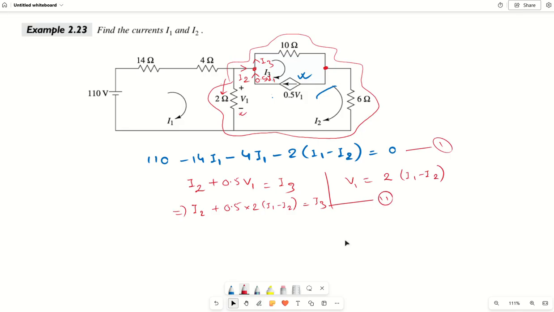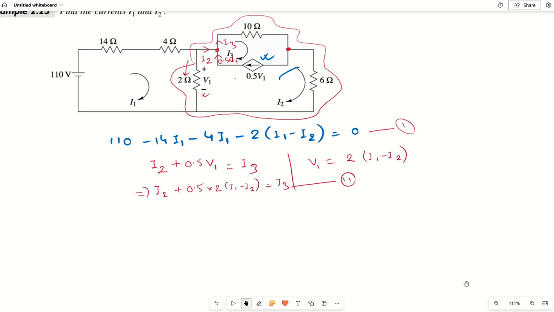Next, for our third equation, we require the outer loop KVL. So this is my KVL in mesh 1, this is KCL in supermesh, and next is KVL in supermesh.